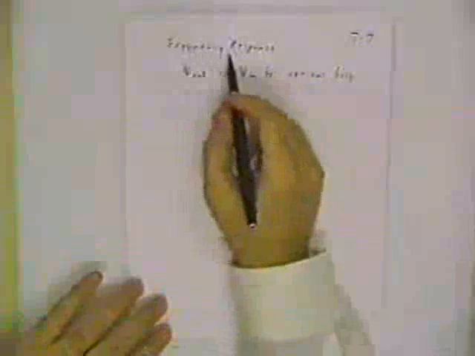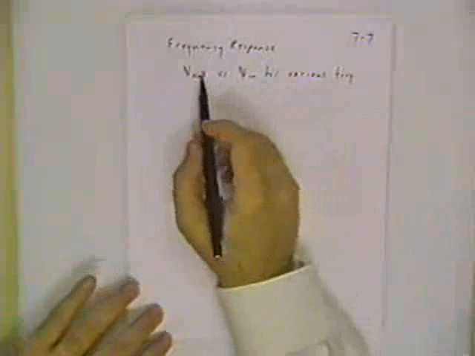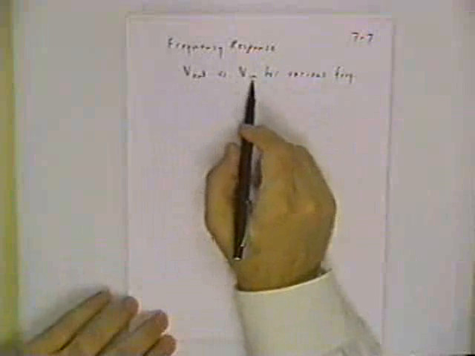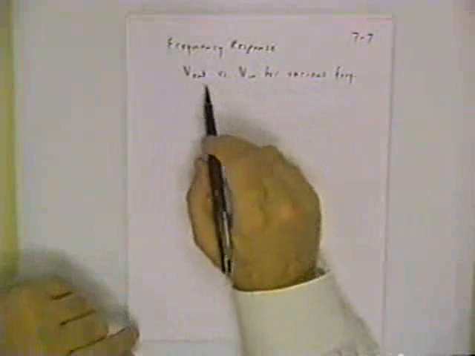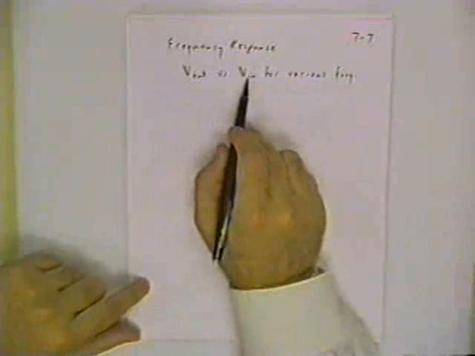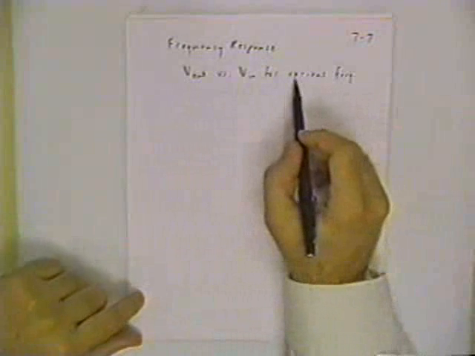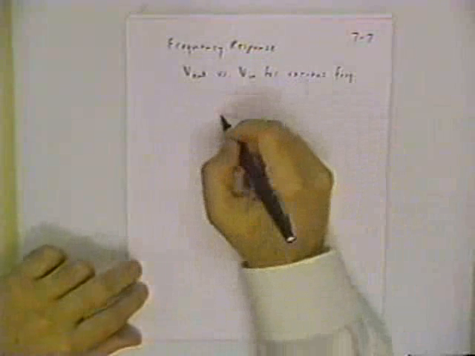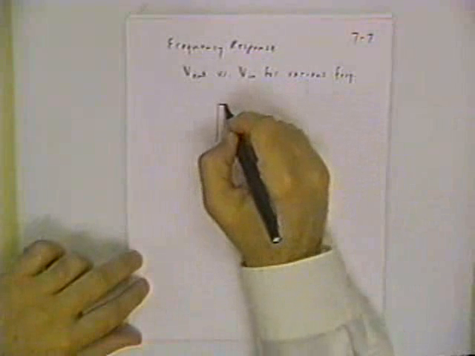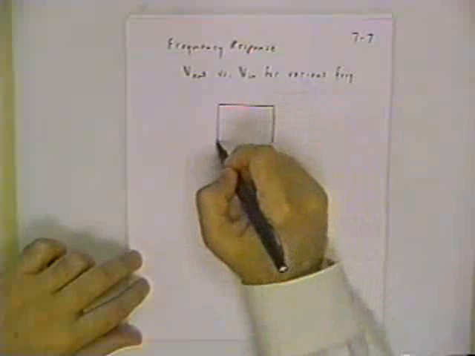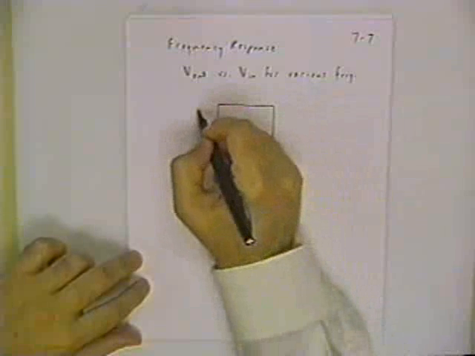So in frequency response, you're generally comparing an output parameter to an input parameter. In most of your examples, you'll see output voltage compared to input voltage, and you consider that as a function of frequency. So the idea is that you have some kind of circuit down in here.